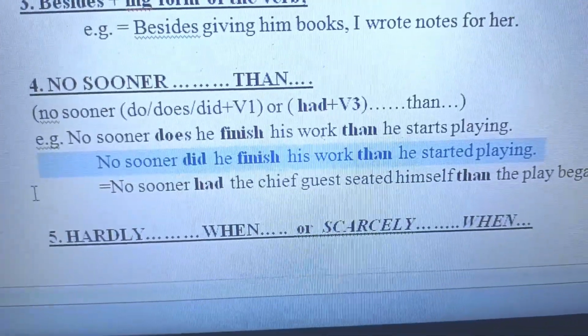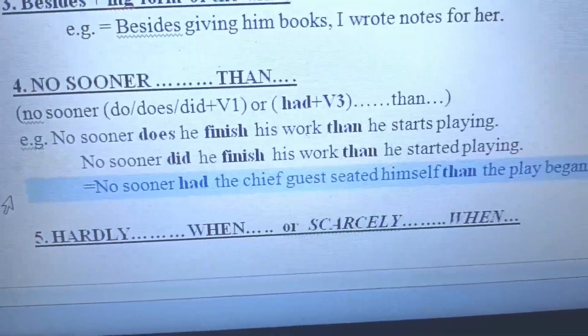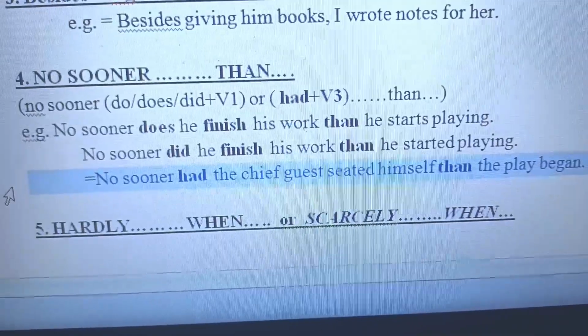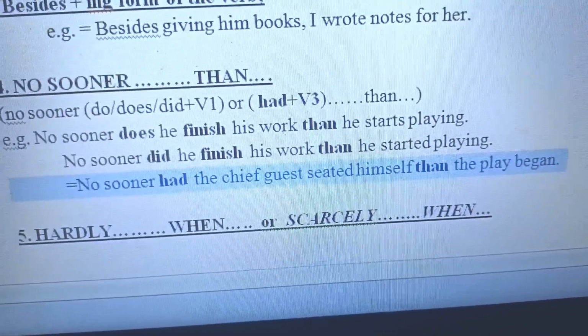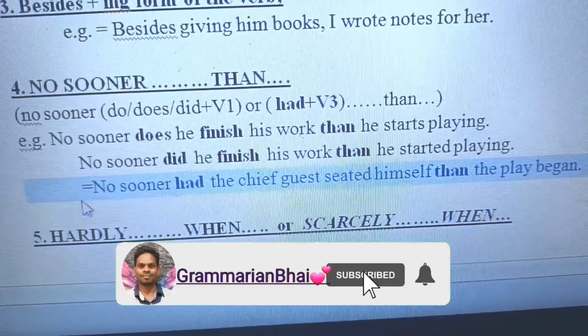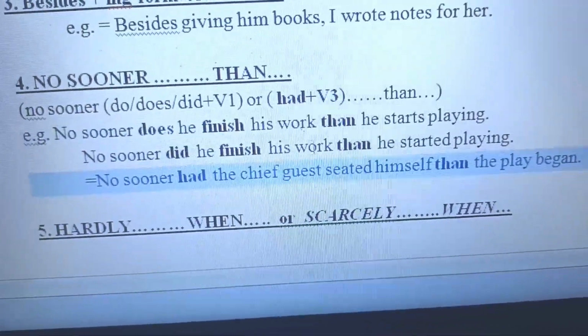If it is in past perfect tense, then it will be: no sooner had the chief guest seated himself than the play began. So this is the pattern followed whenever no sooner than is used.